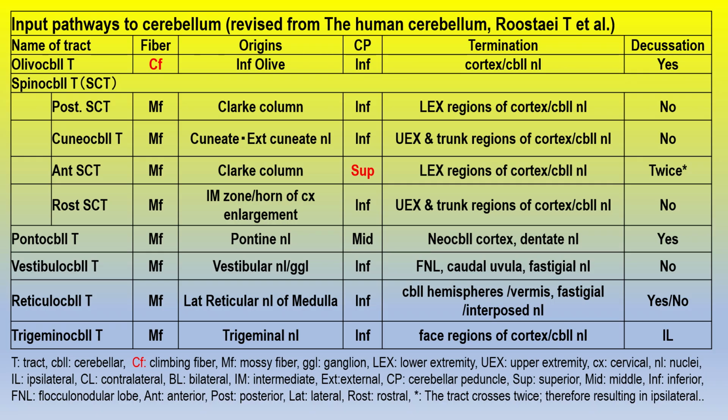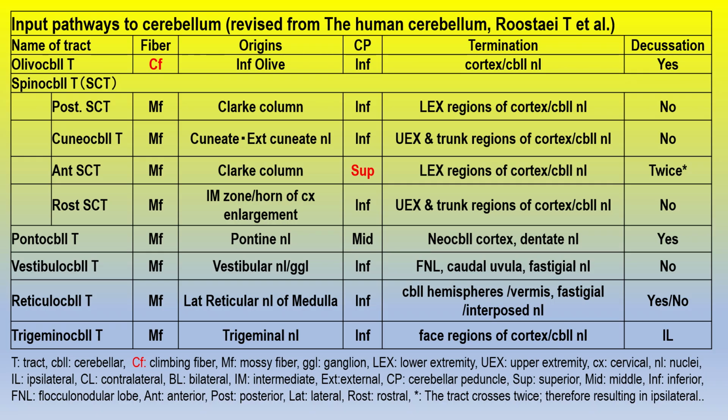As explained in the introductory section, input fibers to the cerebellar cortex consist of two types: climbing fibers and mossy fibers. The olivocerebellar tract is the only pathway composed of climbing fibers, while all other input pathways consist of mossy fibers.